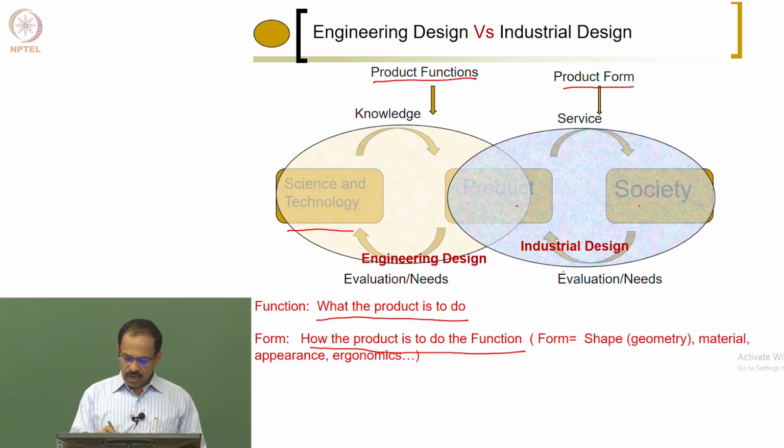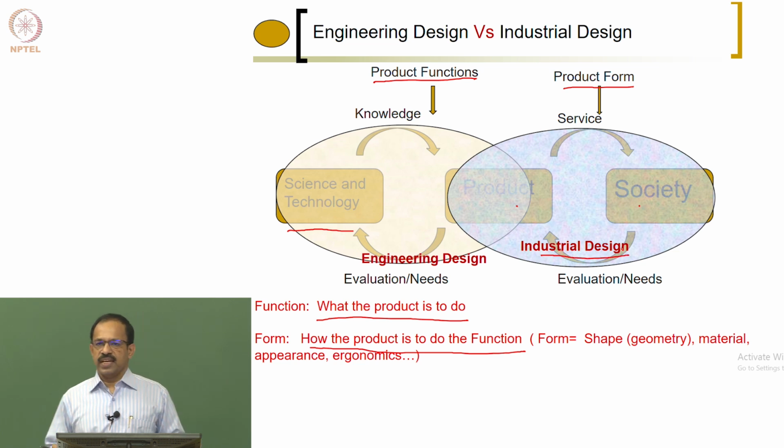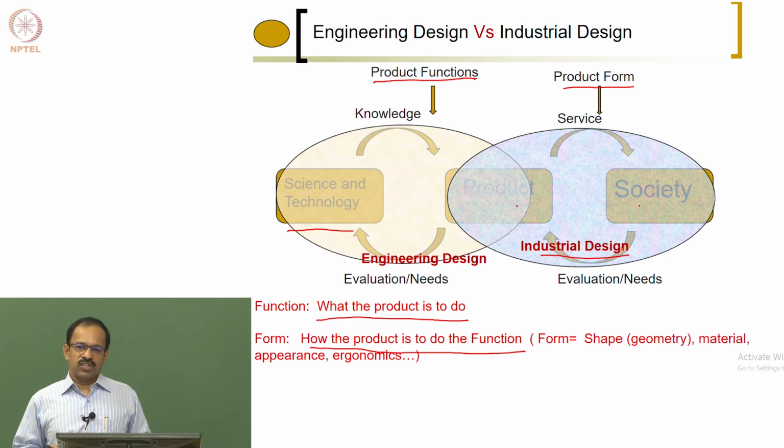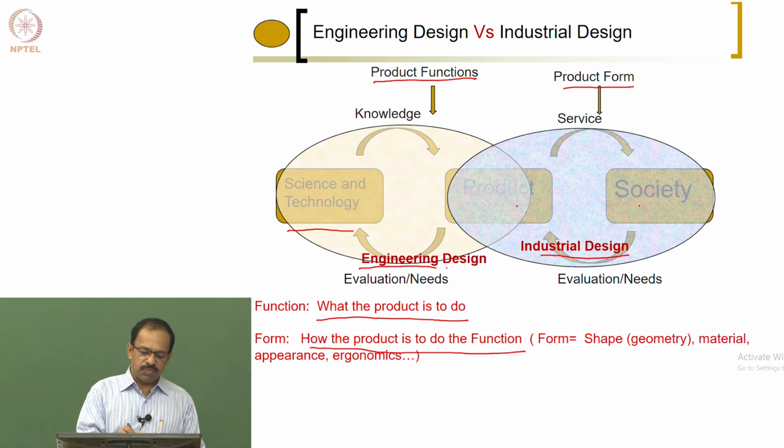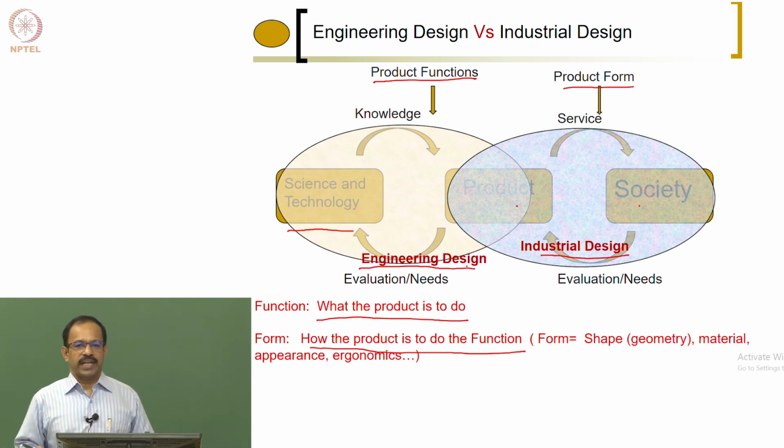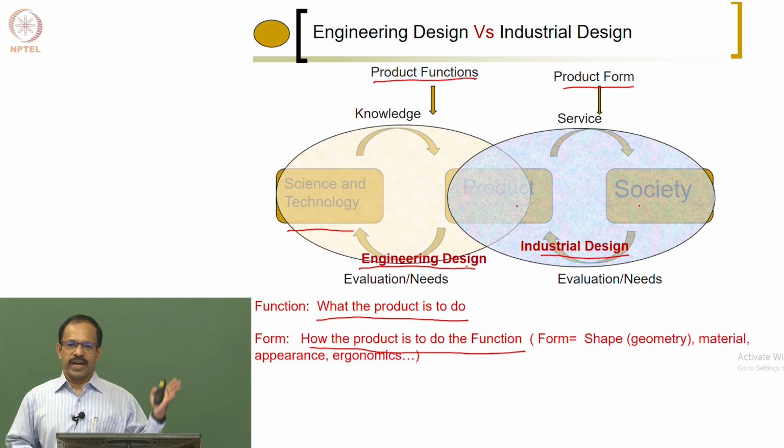All these things come under the industrial design aspects, where the focus is more on appearance, shape, size, ergonomics, user friendliness. All these are basically the industrial design aspect, and the engineering design aspect is more on how do you convert technology to products, and how do you identify the functions needed, how do we develop a concept for that function and develop the product.